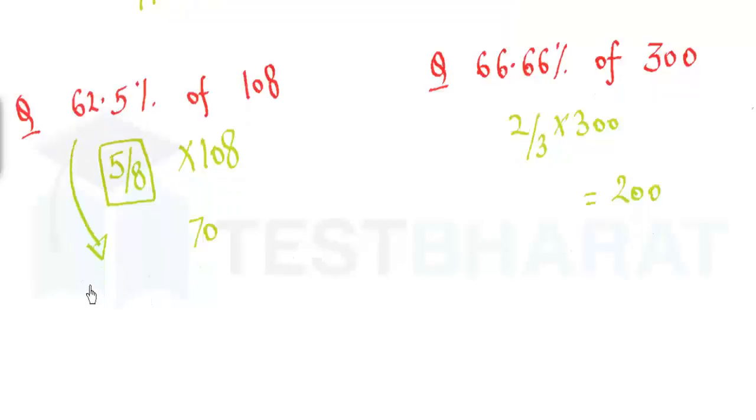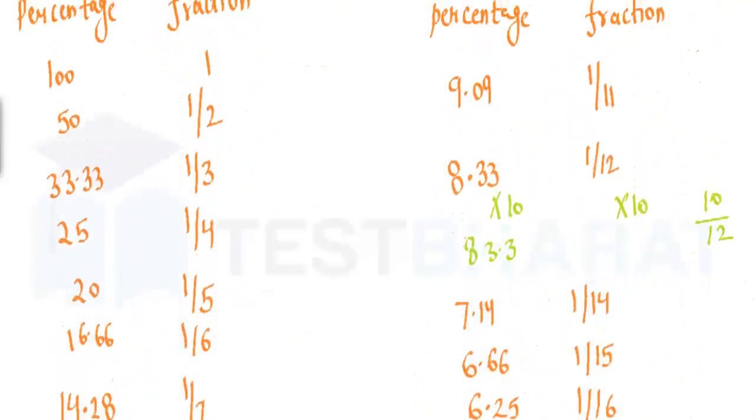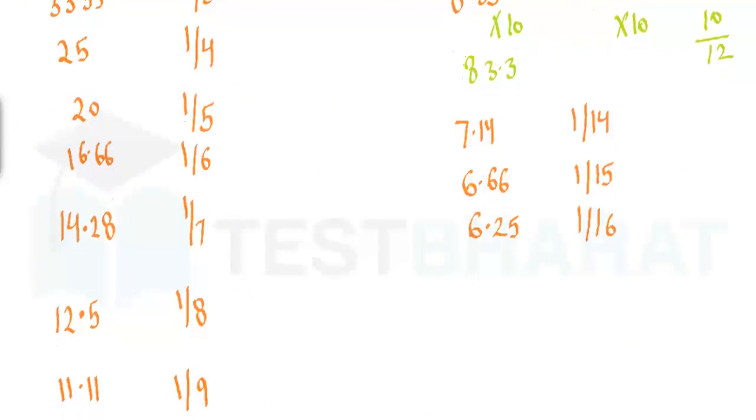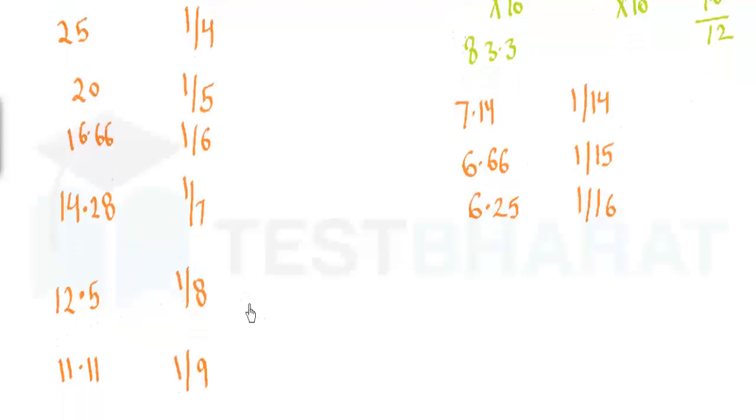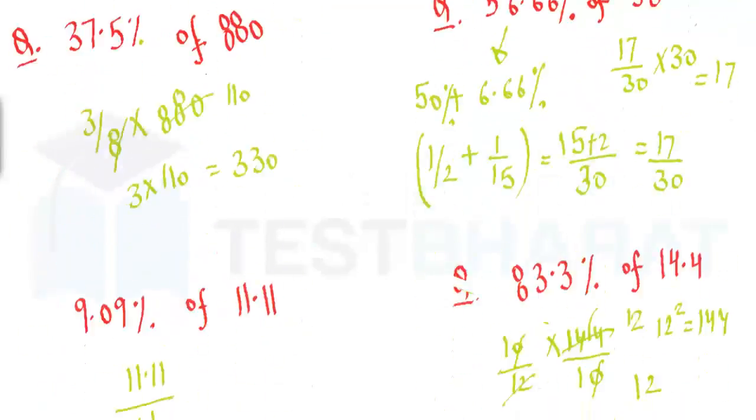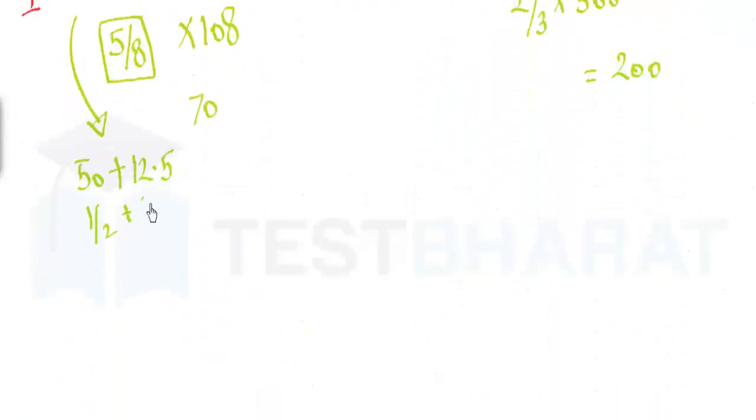I can break this as 50 plus 12.5, right? For 50, it's relatively very easy to remember. This is 50 as 1 by 2. And for 12.5, I need to remember where I am getting 12.5, because I asked you to remember only 1 till 1 by 16. So for 12.5 I have 1 by 8. So I can simply add it, and what I'll get is 4 plus 1, that is 5 by 8.